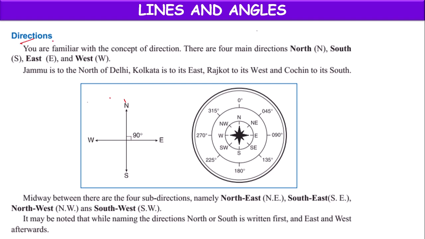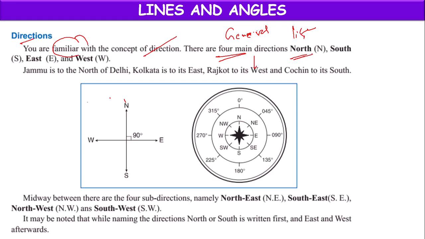So actually children, we are familiar with the concept of direction. In your social subject or in our general life, we will make use of these directions. We have mainly 4 directions.